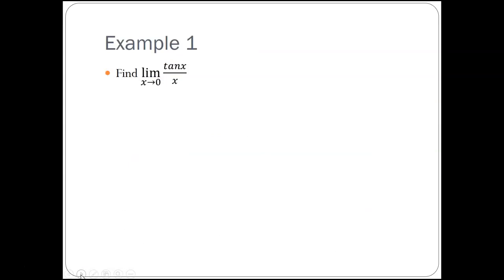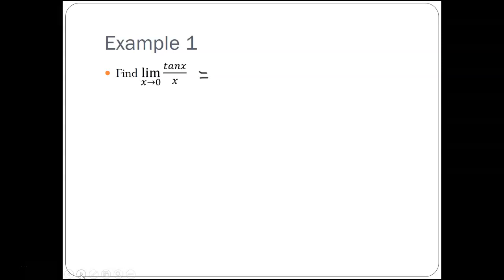So we can look at something like the limit as x approaches 0 of tan x over x. Obviously, if you plug in 0, the tangent of 0 becomes 0 over 0. So once again, when we get a limit and we get 0 over 0, the rule of thumb is to simplify it algebraically.